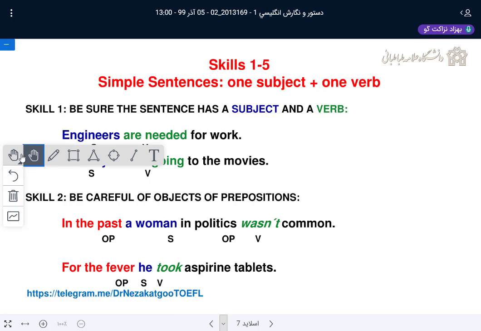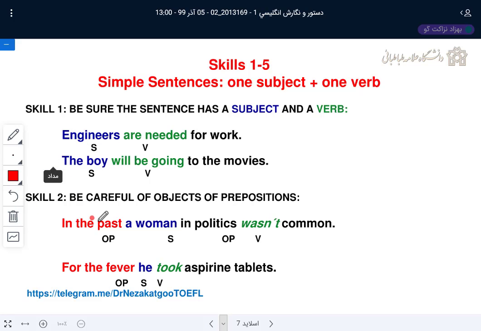I can set off this prepositional phrase from the rest of the sentence with a comma, or I can exclude it. Okay? Clear?